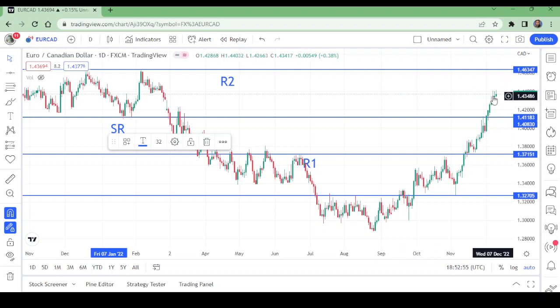But I don't think that it is going to come downward from here, because neither is there any level already nor has it created any resistance here. Before a resistance the pair goes into consolidation for some days, but this is directly going upward. So this pair is going upward to the next resistance, and this is bullish.